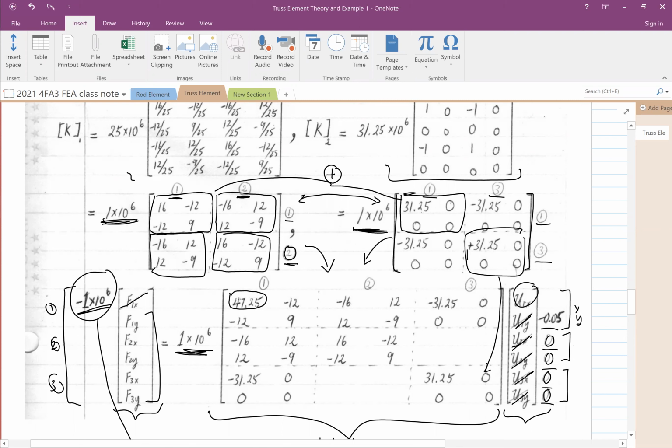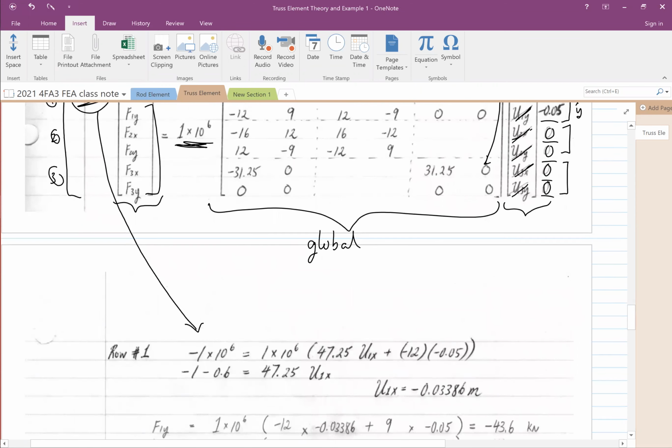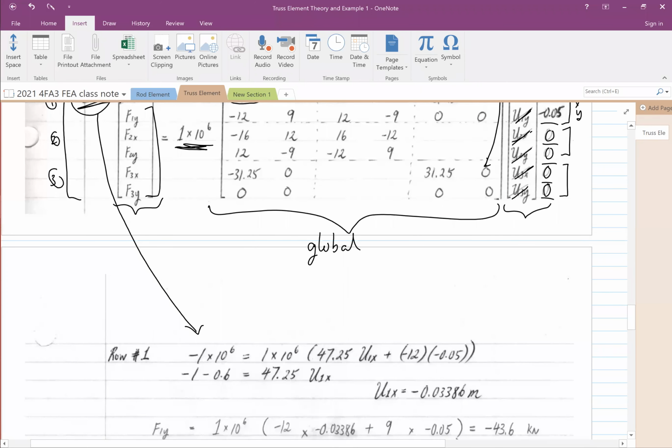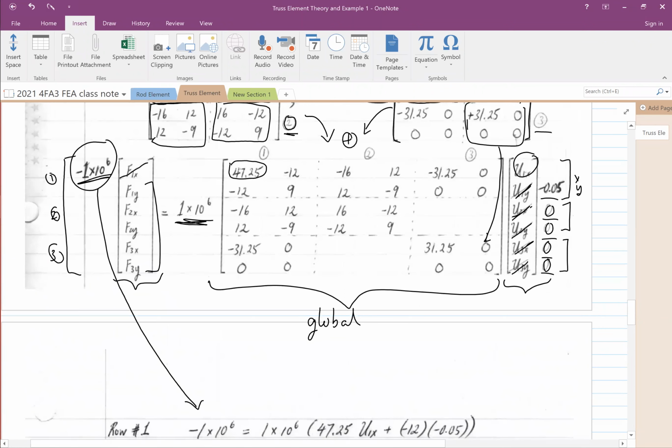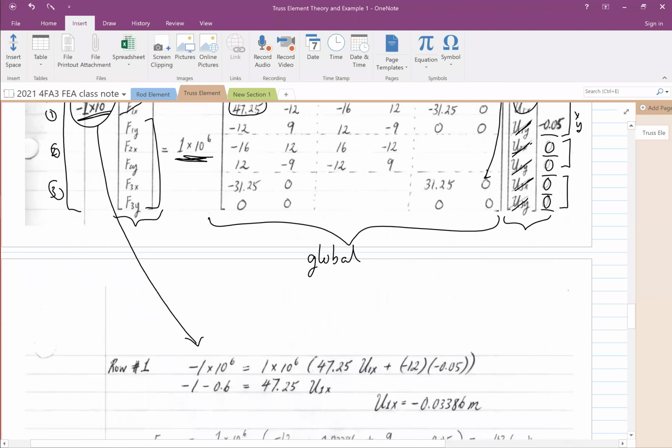You cannot add 2 things together without a common factor. Okay, and negative 0.05 times 12, you get this, and you have 1 equation, 1 unknown.